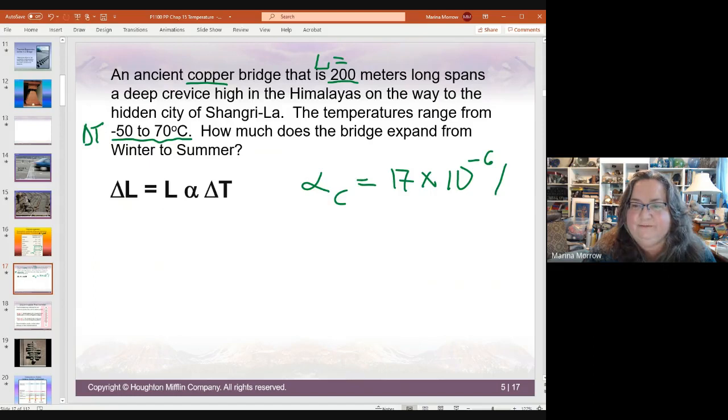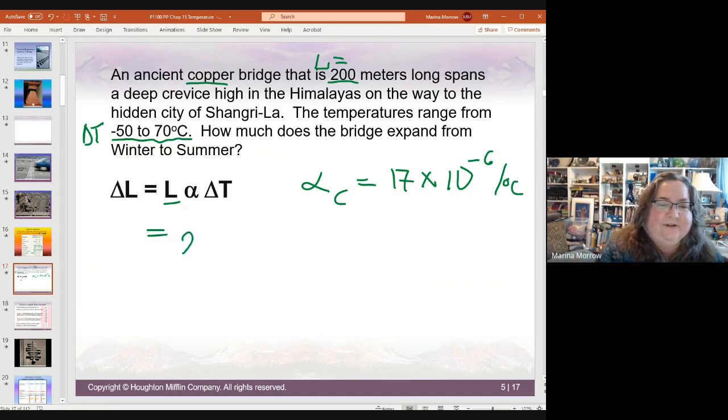Either way works. So I'm just going to put per degree Celsius. Now it doesn't have a unit like a meter because you're going to get the meters from the length. And we want to keep the length as the unit. That's our final unit.